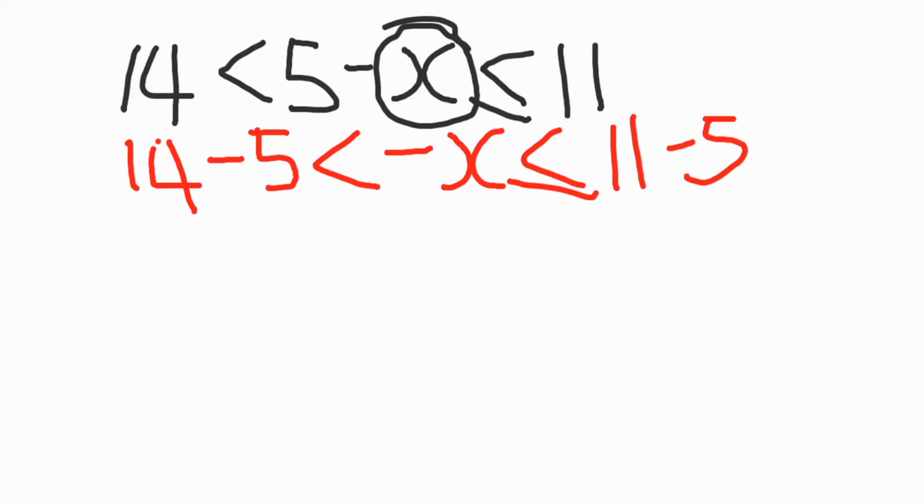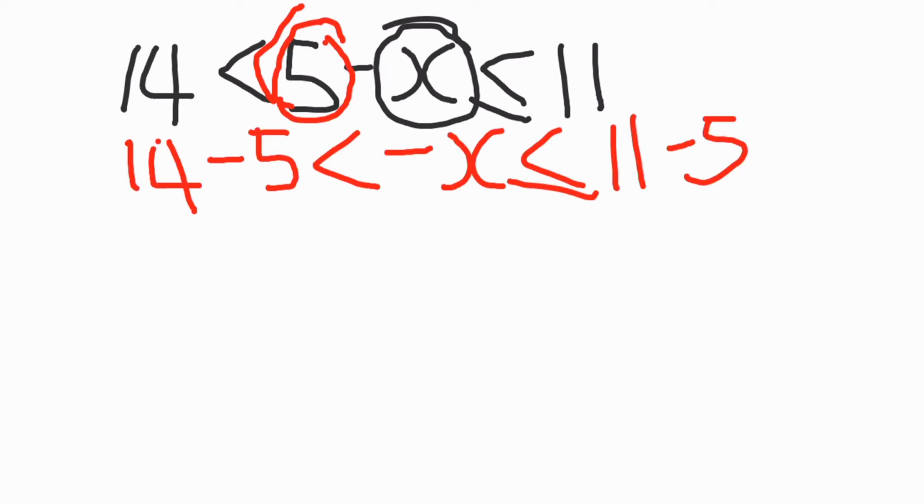You're moving the 5 from here and placing it on both sides. You have a positive 5 here and you're taking it over to the other side, so it becomes negative 5.